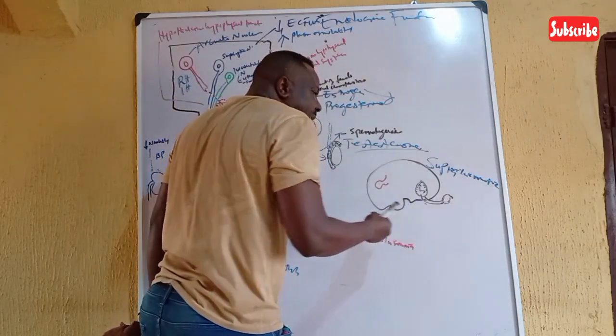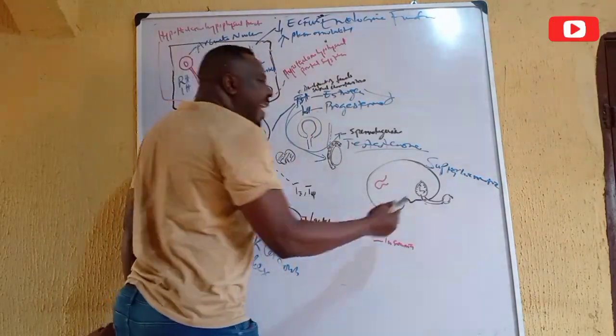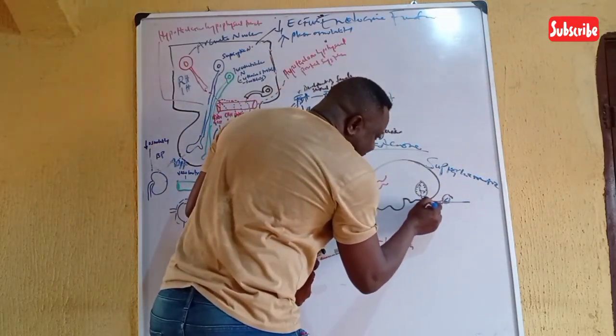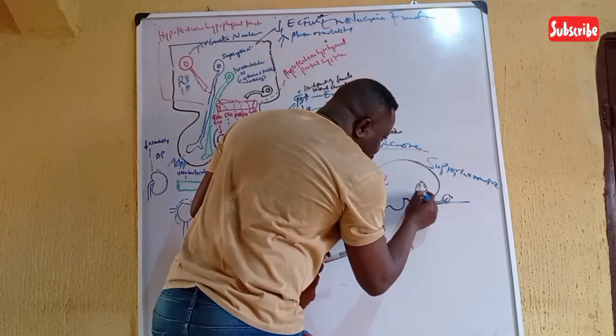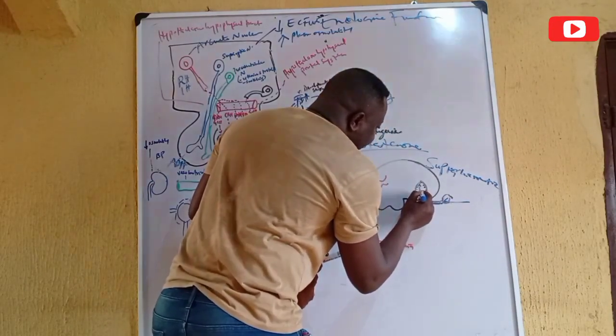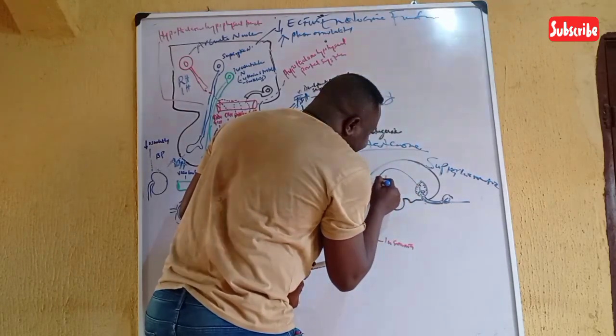The suprachiasmatic nucleus has an involvement with the circadian rhythm. When light strikes the retina, it sends information via an optic tract down to the suprachiasmatic nucleus. When the suprachiasmatic nucleus is stimulated, there is a connection between it and the pineal gland.